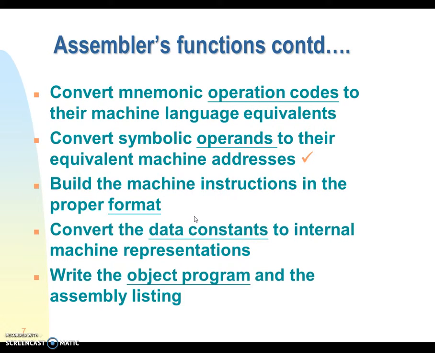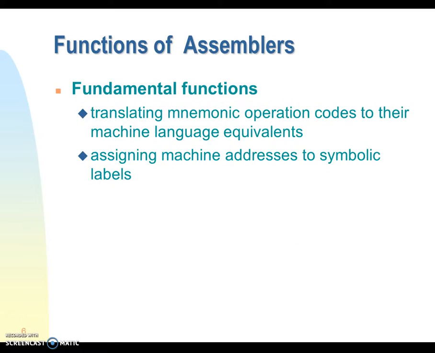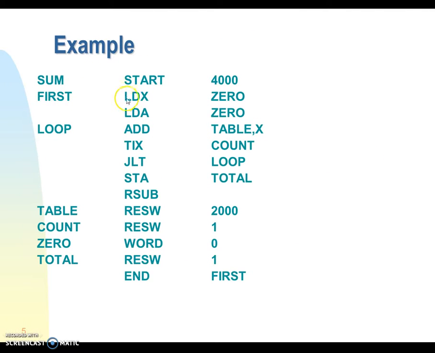For example, consider an example like this: LDX is a mnemonic and 0 is a label. So we are generating the machine code equivalent for this LDX as well as for 0.